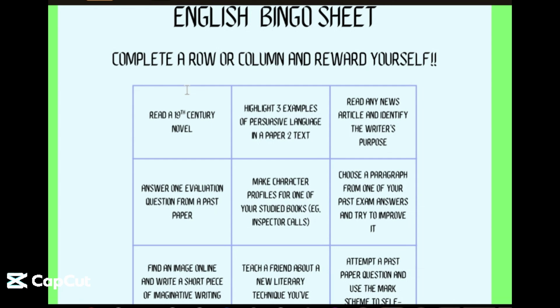So, the reason why I am suggesting you read a 19th century novel is because for your language paper 1, the text that you'll be given will be taken from a 19th century novel, and if you practice reading those beforehand, you'll be at a little bit of an advantage because you'll recognise the writing style, the vocab they use, and in some cases you might have already read the book that the extract is coming from. So if you have previously read the 19th century novels, you'll find it a lot easier.